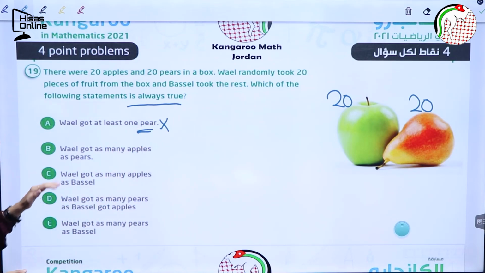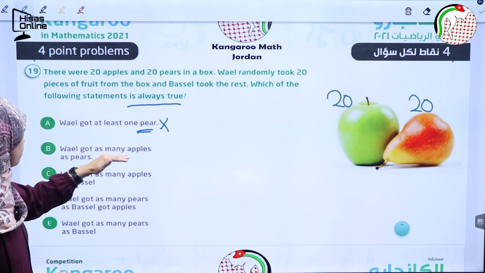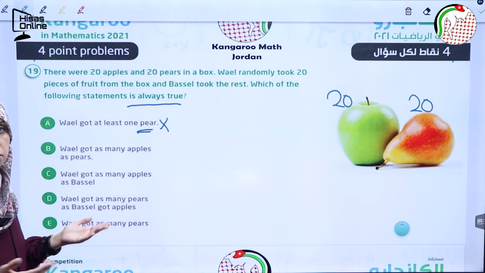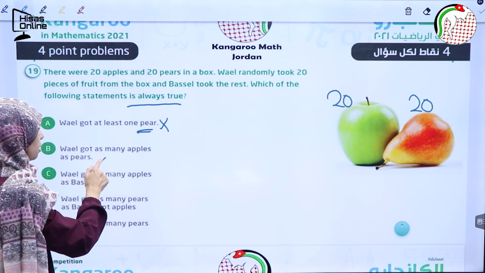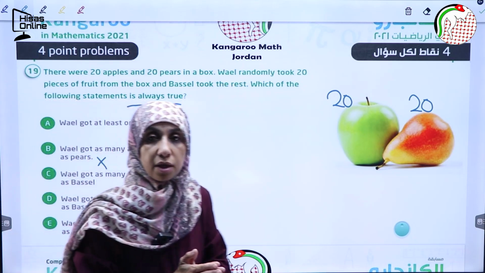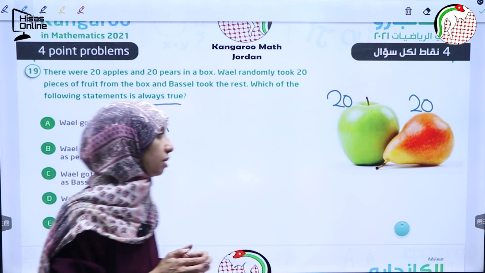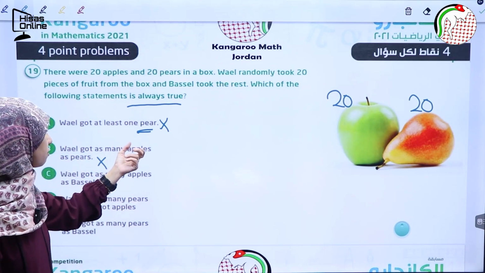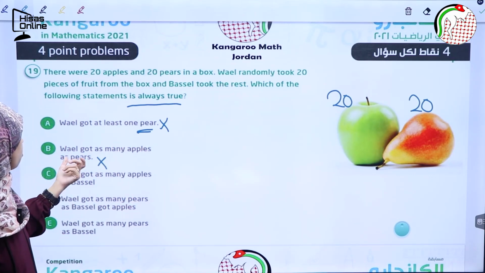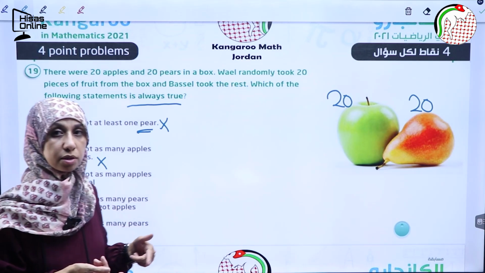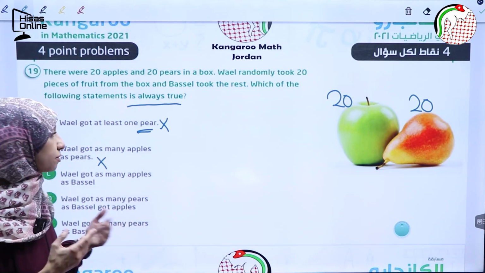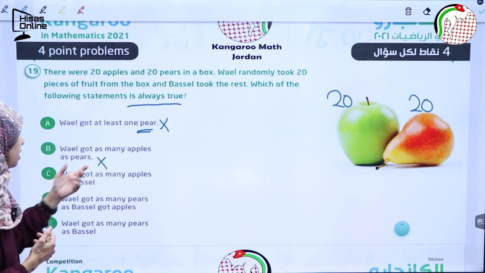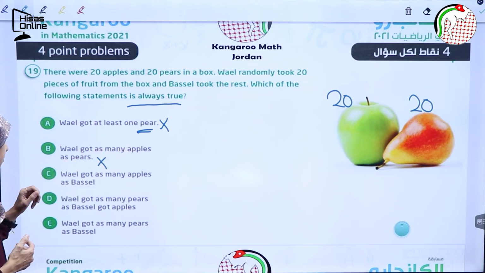B. Wael got as many apples as pears. Also, there is no guarantee. He picked randomly. He didn't count how many apples, how many pears. So he may have apples more than pears or the opposite. No guarantee that he can have as many apples as pears.